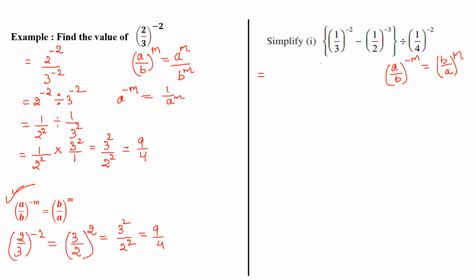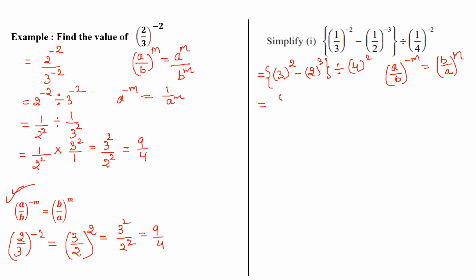So for (1/3)^-2, what is the reciprocal of 1/3? It is 3/1, means it is 3 only, and the negative power will become positive, so minus 2 will become 2. Then minus (1/2)^-3, the reciprocal of that is 2 whole cube, and in the same way divided by (1/4)^-2. Again there is a negative power, so the reciprocal of 1/4 is 4, so it will become 4 square.